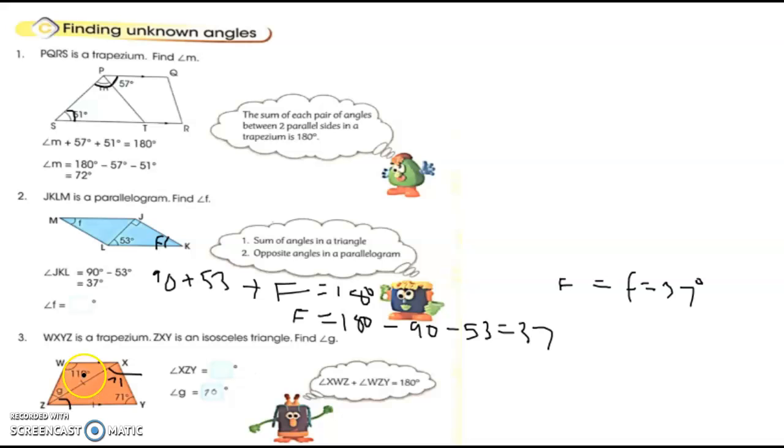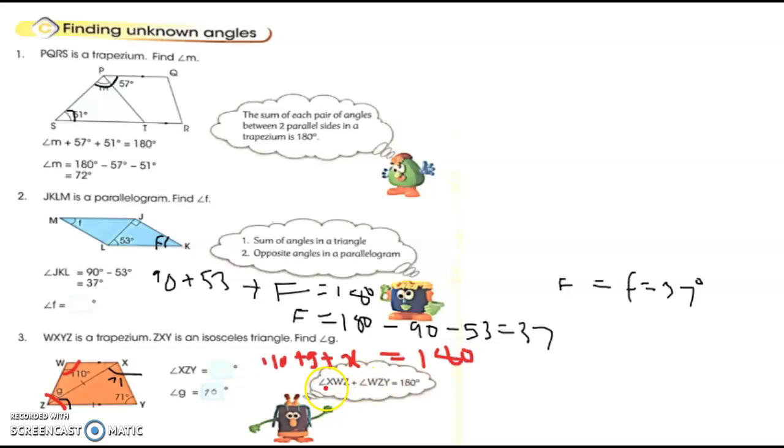Of course yes, because if it is a trapezium, we know that this angle plus this angle, the pair of angles between the parallel sides, is equal to 180, right? That means 110 plus G plus, maybe I will write x, is equal to 180.